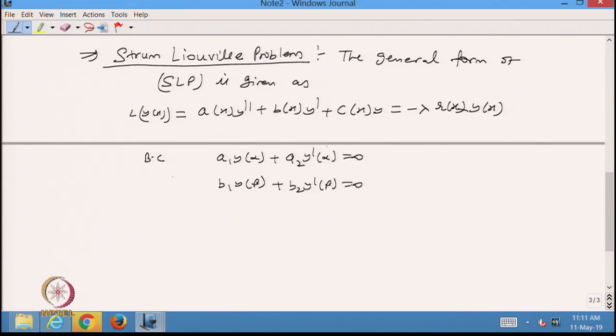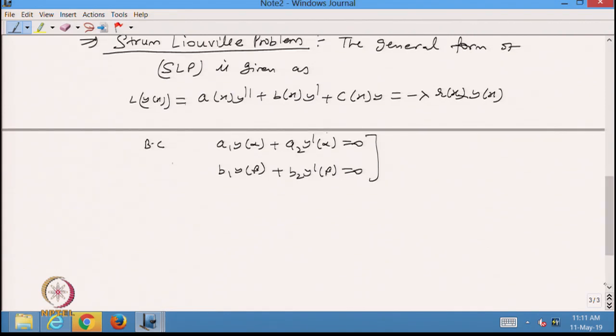This is the mixed boundary conditions for alpha and beta. So this is my corresponding boundary condition.